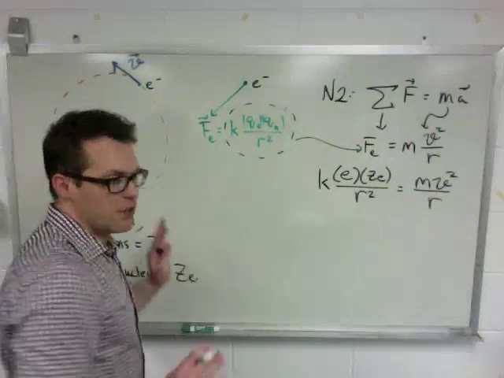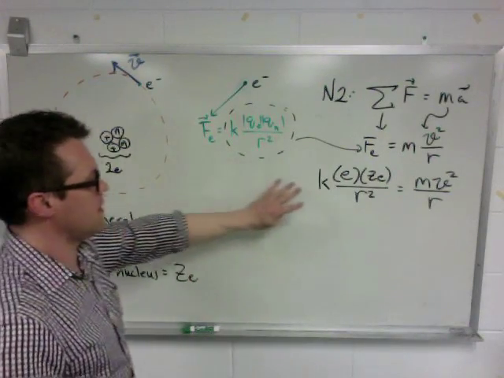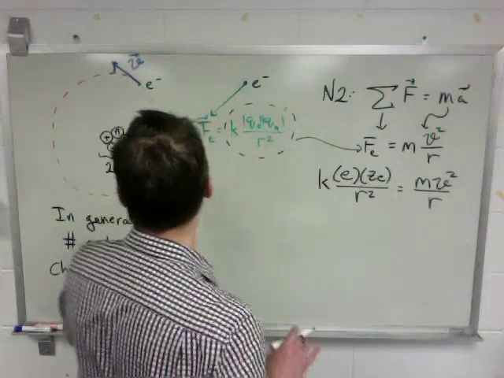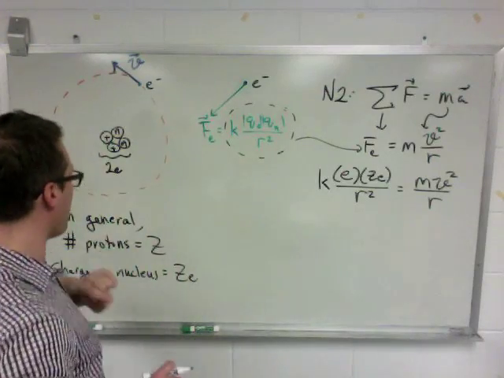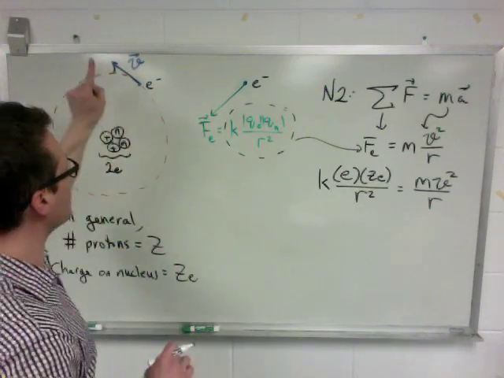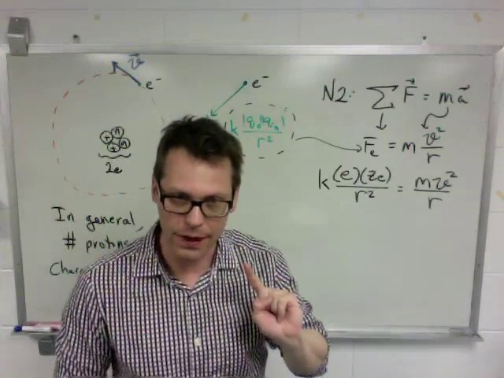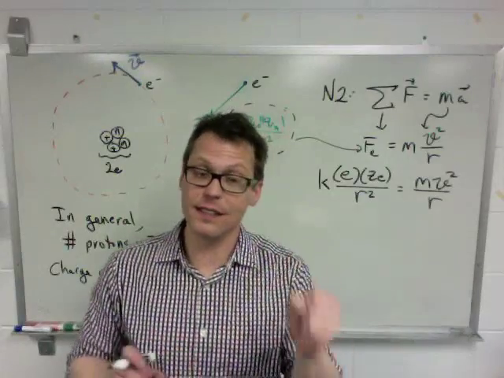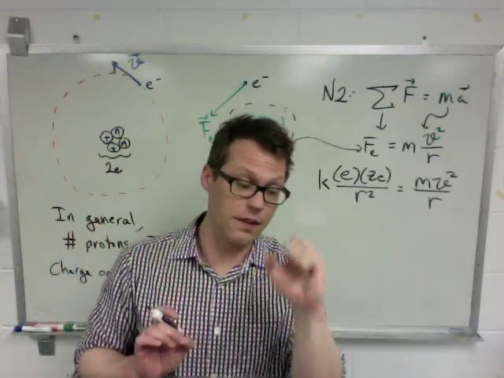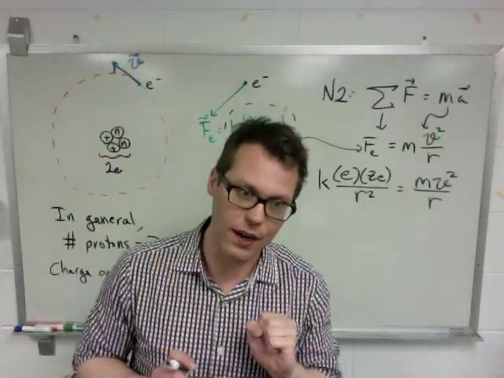And now with just a little bit of work here, I've made this equation a little bit more general in that I've covered any atom that has Z protons in the nucleus and 1 electron, right? We call such atoms hydrogen-like, in the sense that there's a nucleus and only 1 electron.